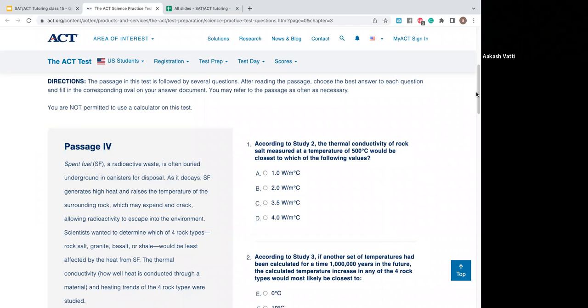So I'll give you 4-ish minutes, I guess, to read this passage, and then I'll do it after. I'll give you 5-ish minutes, and then I'll do it after.